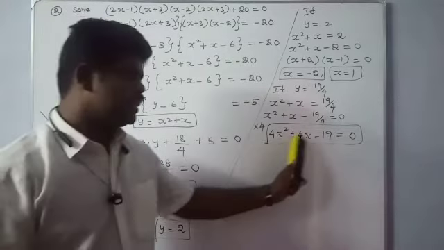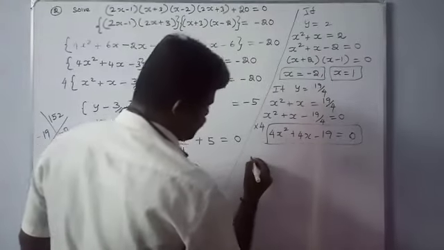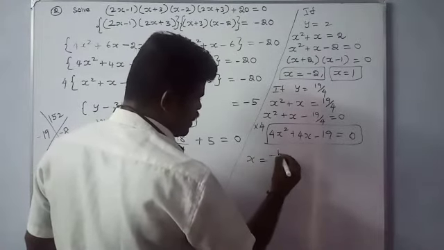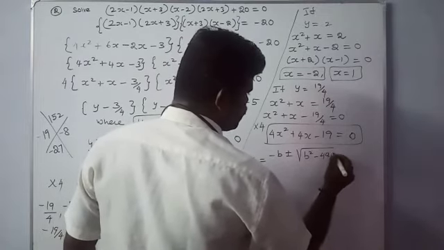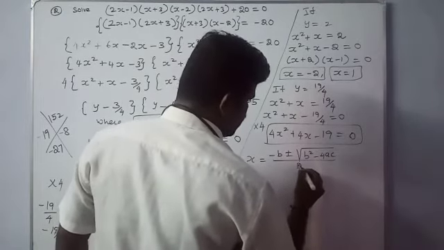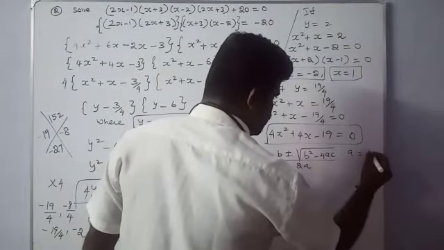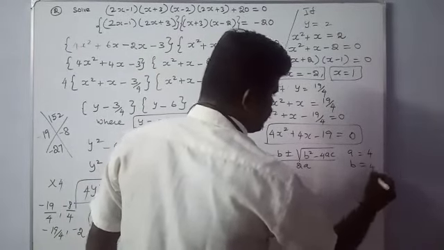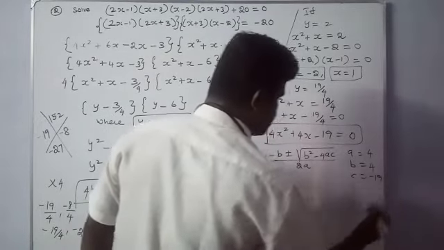And then we cannot find the factors directly, so we use the formula method. Now x is equal to minus b plus or minus root of b square minus 4ac divided by 2a. Here what is the value of a? a equal to 4, b equal to 4, c equal to minus 19.